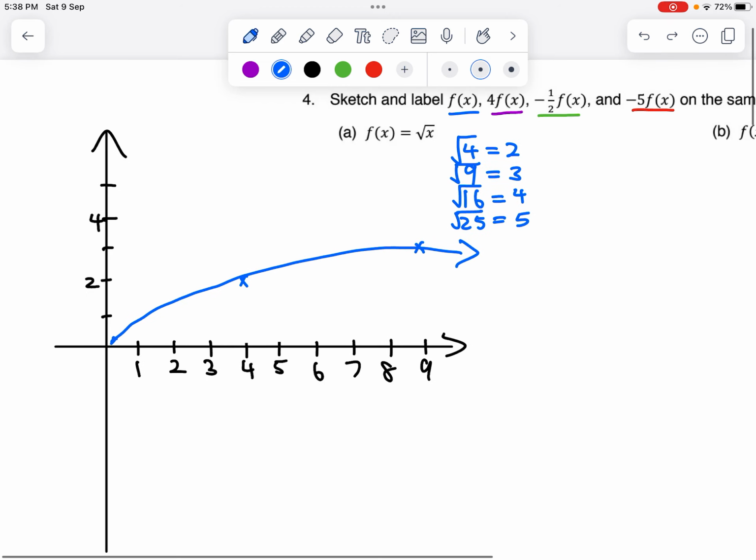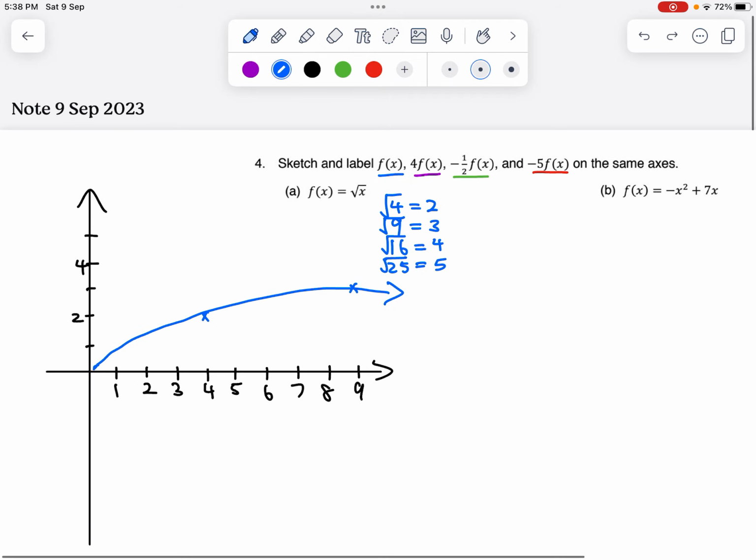So it cannot have more than one y output for one x value. We cannot do that. And plus, as I said earlier, x cannot be negative because it is a square root.